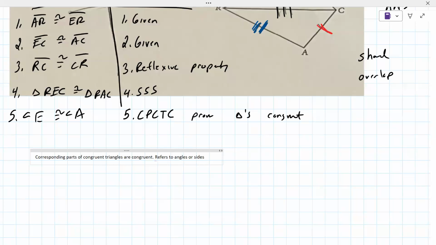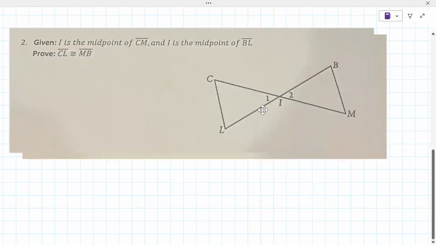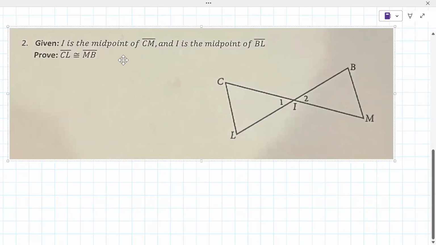So the basic structure of these proofs is that when you're trying to prove something inside the triangles, like angles or sides congruent, you always first prove that the triangles are congruent. You do that as your last step before. Like in proof number two, you can see that they want you to show that two side lengths are congruent, but you can't do that.